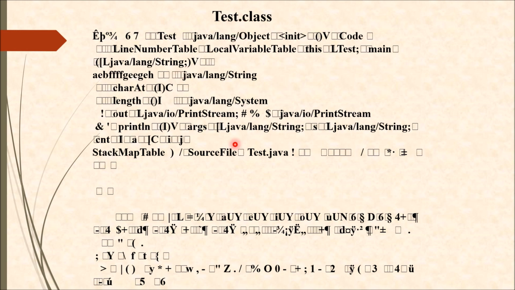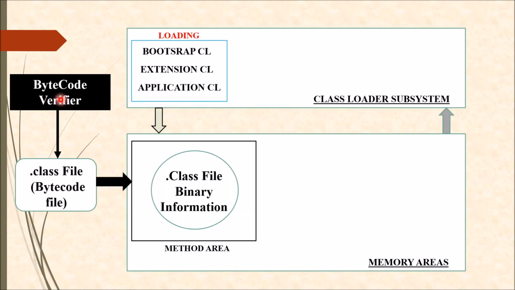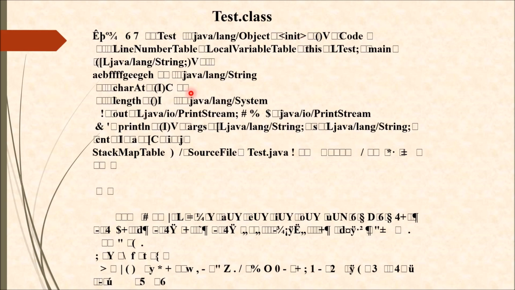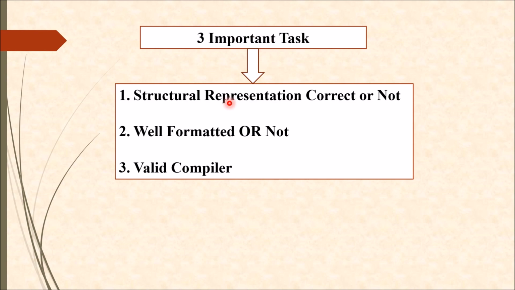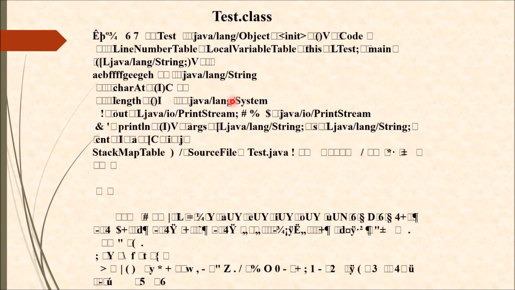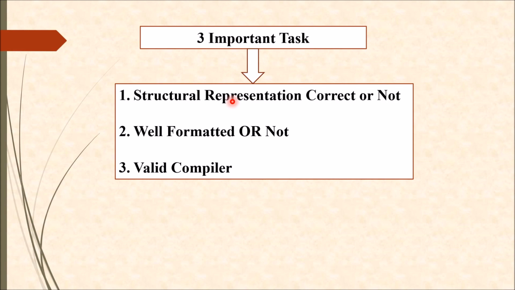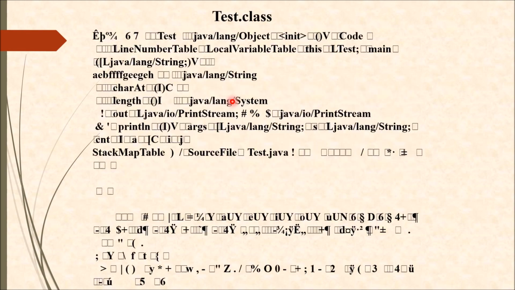All this text is not understandable for us, I know, but the main purpose is that the bytecode verifier will perform three important tasks on this test.class file: whether its structural representation is correct, whether it is well formatted, and whether it is generated by a valid compiler.